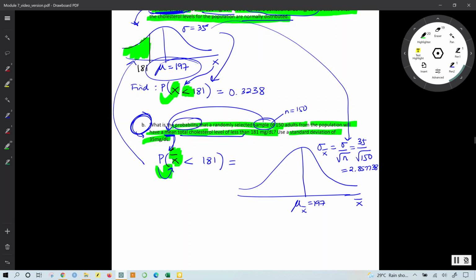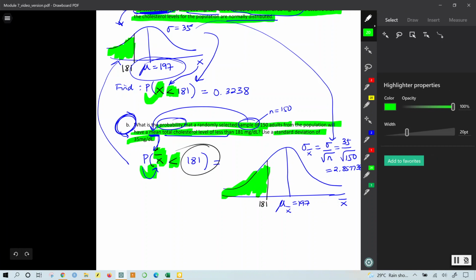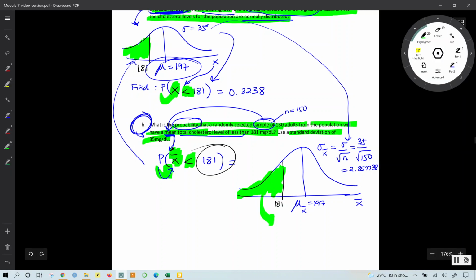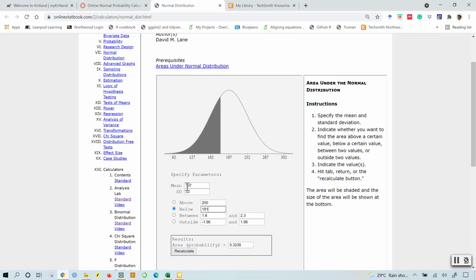I can take these values, and these will be the parameters of the sampling distribution. I'm interested in values connected with 181, so I will locate 181, and I would like to find the probability less than 181. So I need to key in the parameters, going back to my normal distribution calculator. The mean will stay the same, however, the standard deviation will be different.